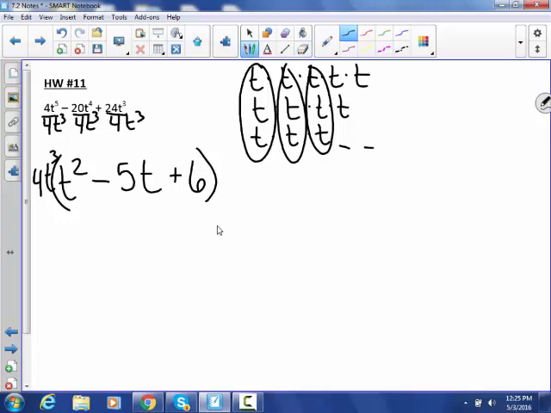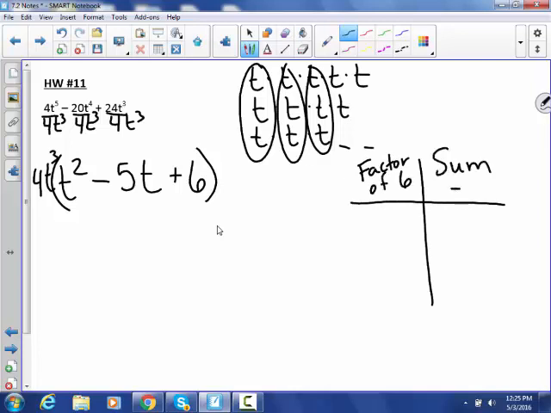Yes. So now we can factor that. So what do we want factors of? Factors of 6. And the sum has got to be negative 5. Alright? 2 times 3 is positive 6. So what's 2 plus 3?